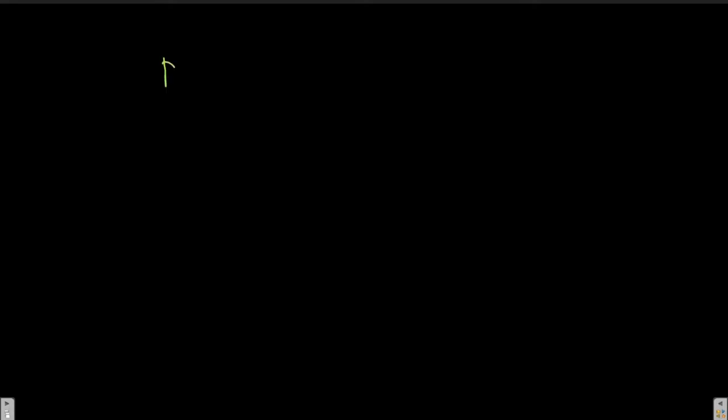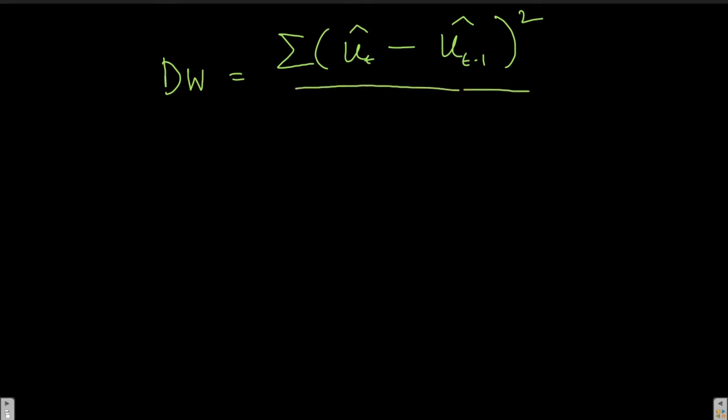I write the DW statistic formula: we take the estimated ut hat and ut minus 1 hat, the error terms of this period and the past period, subtract consecutive terms and square them, and in the denominator we have only ut hat squared.